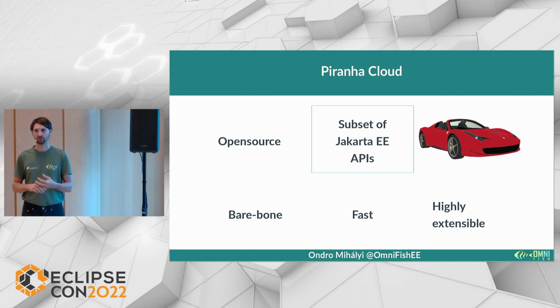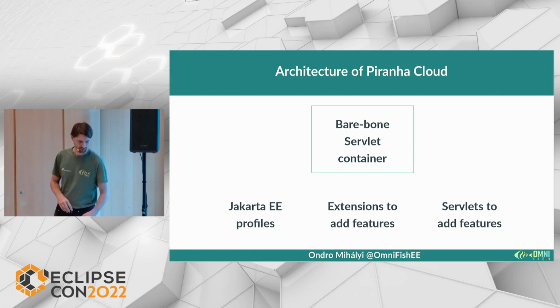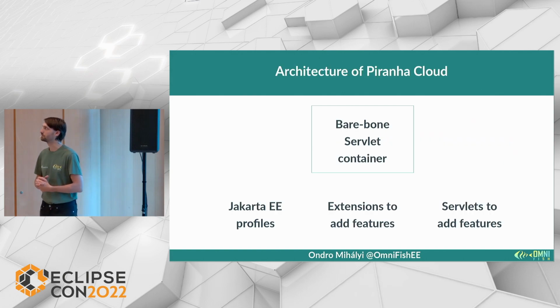But the core of Piranha Cloud is a bare bones servlet container which was designed and written from scratch. That's why the core is very fast, because the servlet container was redesigned with plain Java, no class path modifications, no magic there.